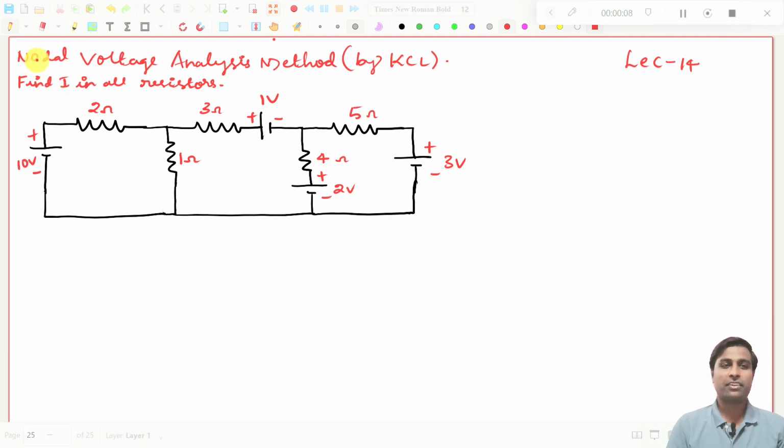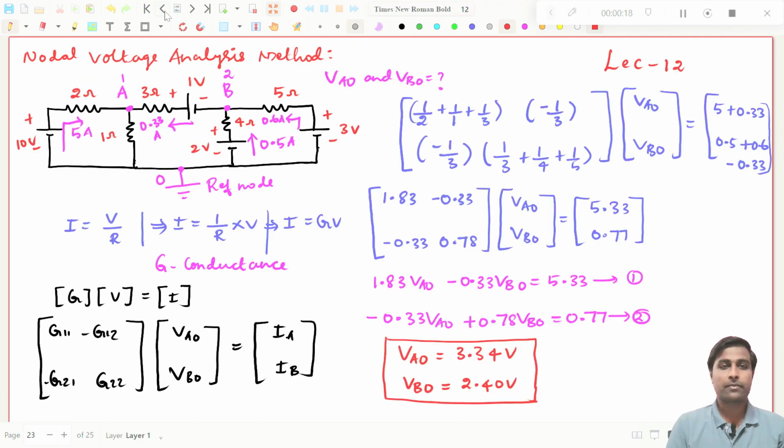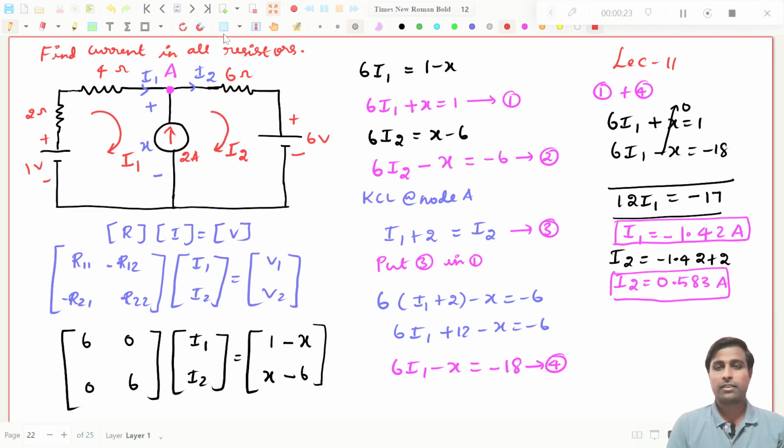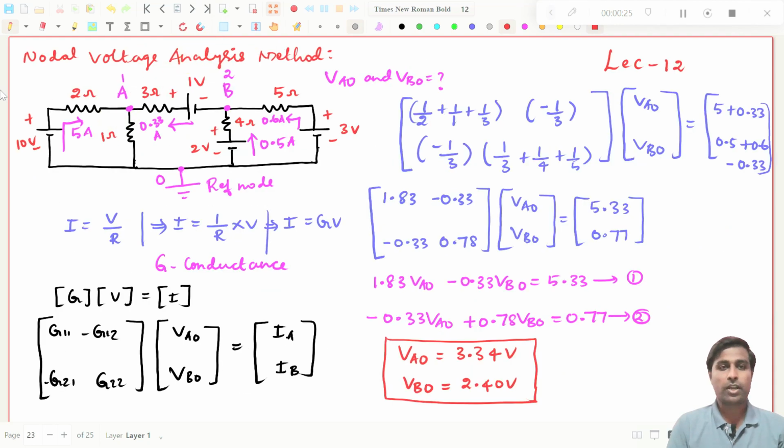In this lecture, we are going to see the nodal voltage analysis method by applying Kirchhoff's current law, KCL. In the last class, we solved this problem, continued from lecture number 12, in the 13th lecture. We solved the nodal voltage analysis method using the matrix method.